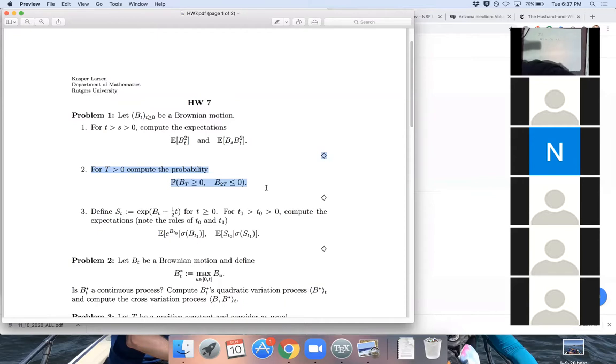So are B1 and B2 independent? Yeah, I would say yes, because they're both defined as Brownian motions. Well, there's only one Brownian motion here. Oh, okay, then no. So if they're not independent, what could you do?